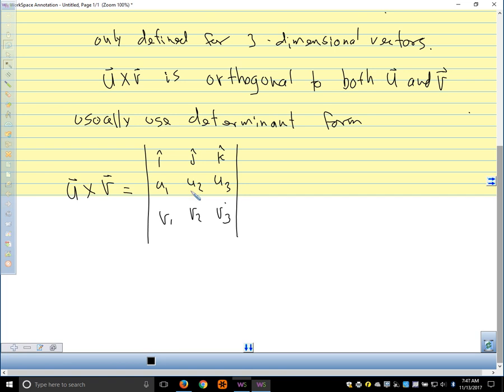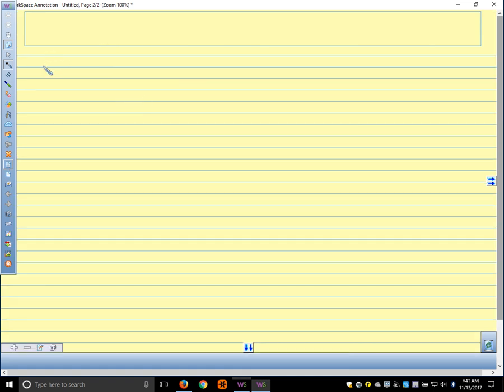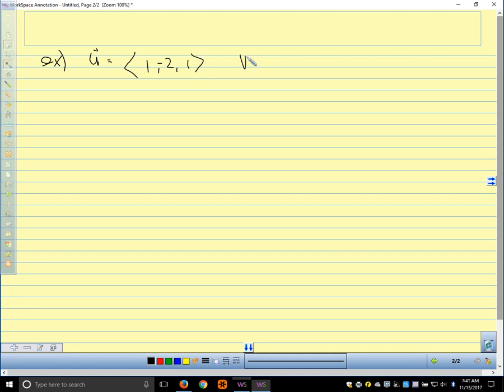The cross product has several very important geometric properties that we will take advantage of a lot in second semester. So let's say that u is the vector 1, -2, 1, and v is the vector 3, 1, -2.